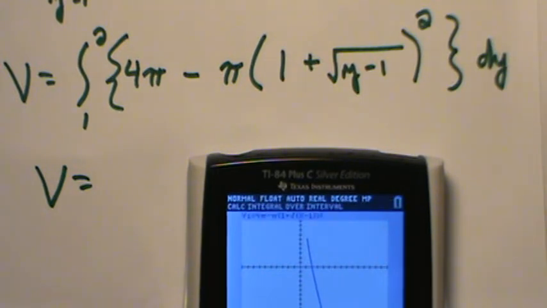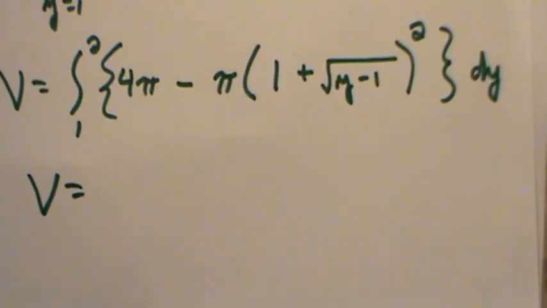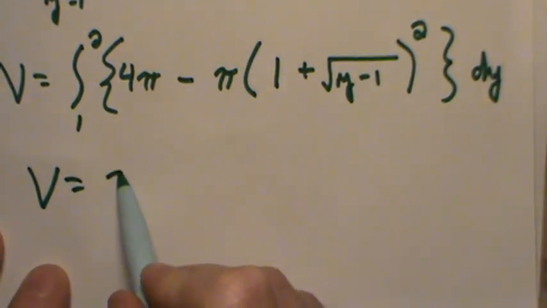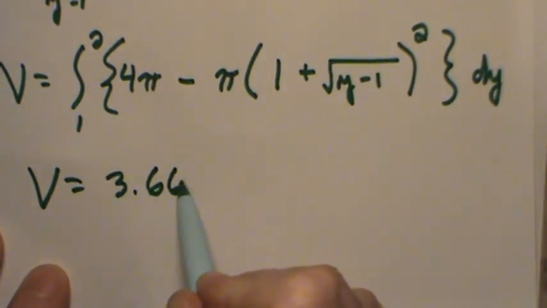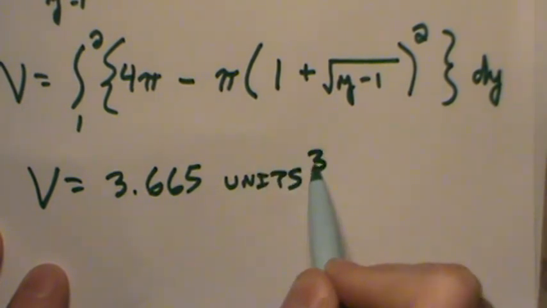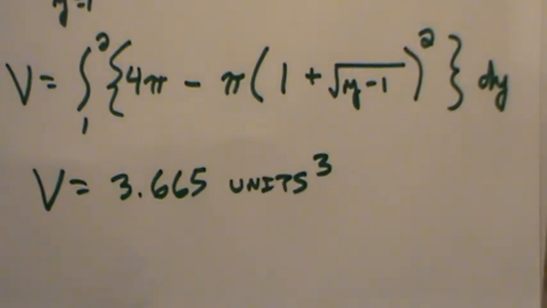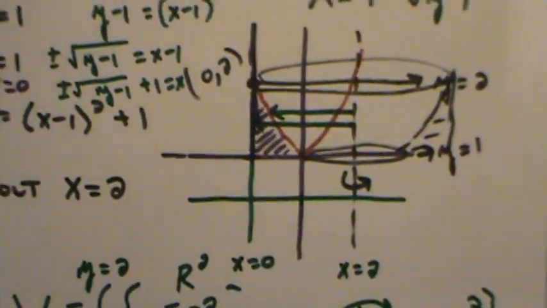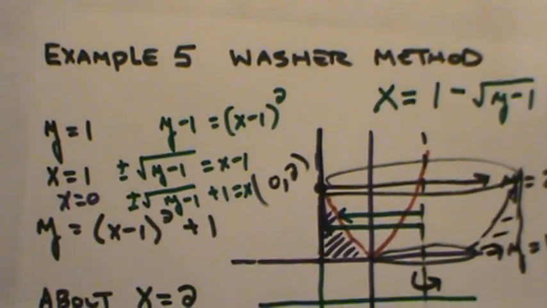So I start at 1, I end at 2, I get that little bit shaded in there, and this gives me a solution of 3.665 units cubed. And there's your fifth example of the washer method.